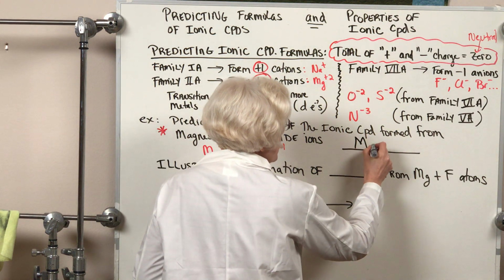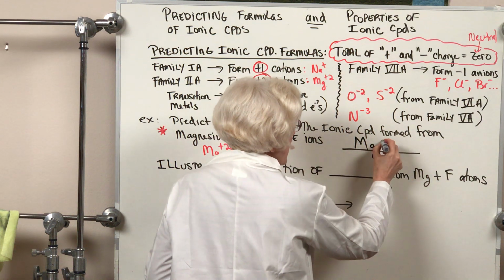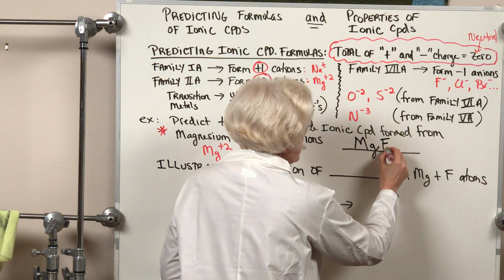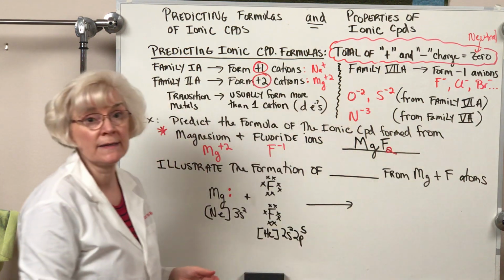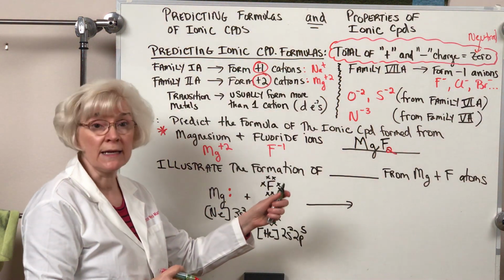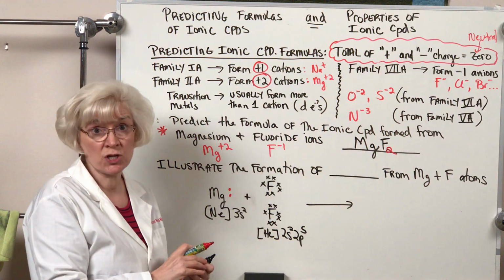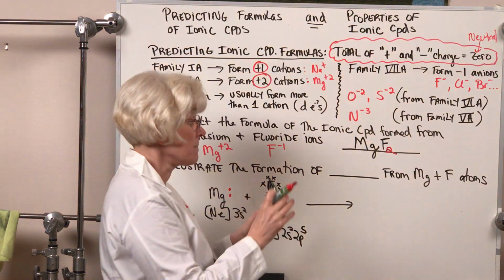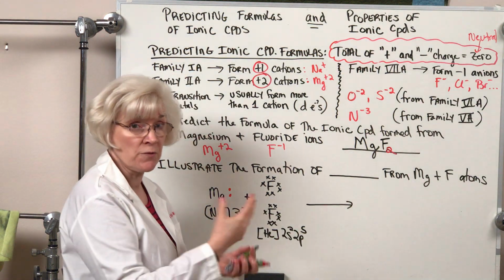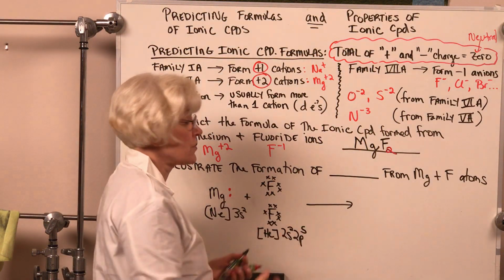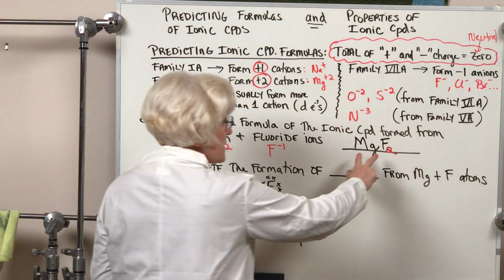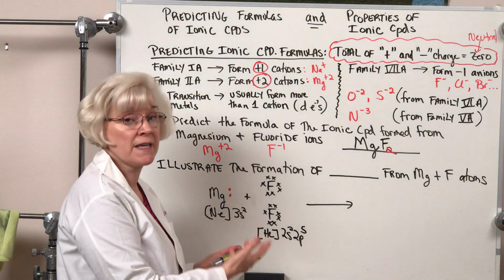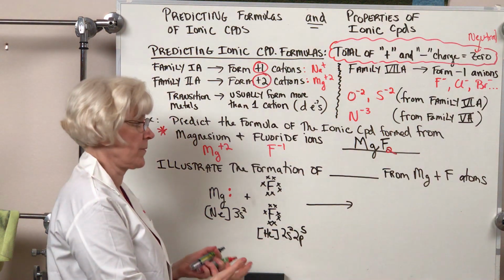Knowing that all charges have to add up to 0, I'm going to put a little subscript 2 with the fluoride, indicating that I need, in the huge 3-dimensional array that is formed by these ions, remember, all ionic compounds, when you find them, are a huge 3-dimensional array, and this formula is the simplest whole number ratio of the ions that are present in that array.